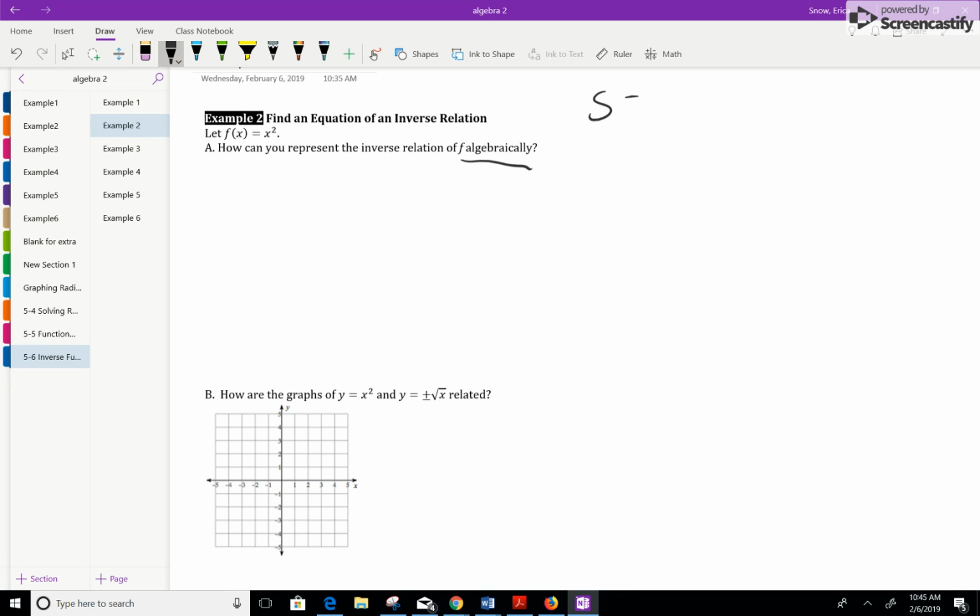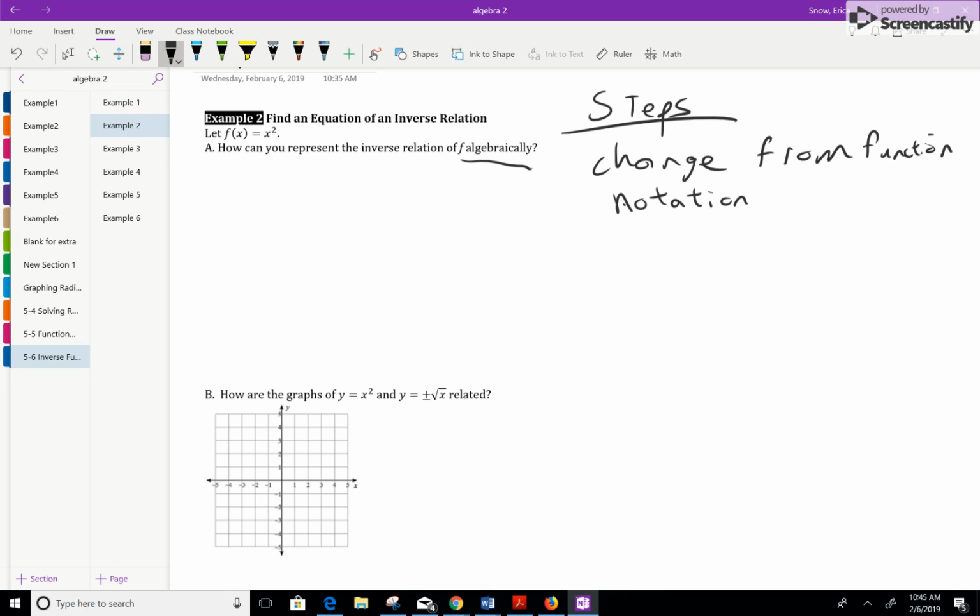Your first step is to change from function notation to linear notation, meaning that f of x is just y. That's all you have to do. So our first step is to change our f of x to a y.